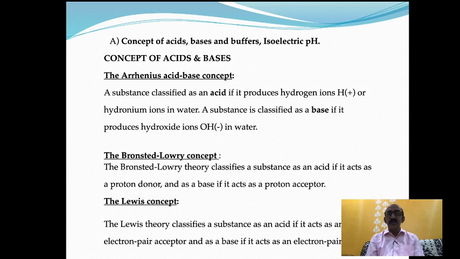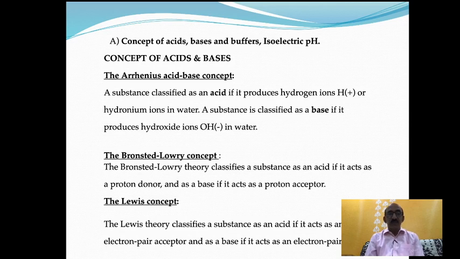Acid always donates the proton and the base always accepts the proton. A simple definition is proton donors are the acids and proton acceptors are the bases, but again there are some limitations, because some acids and bases do not follow this rule.